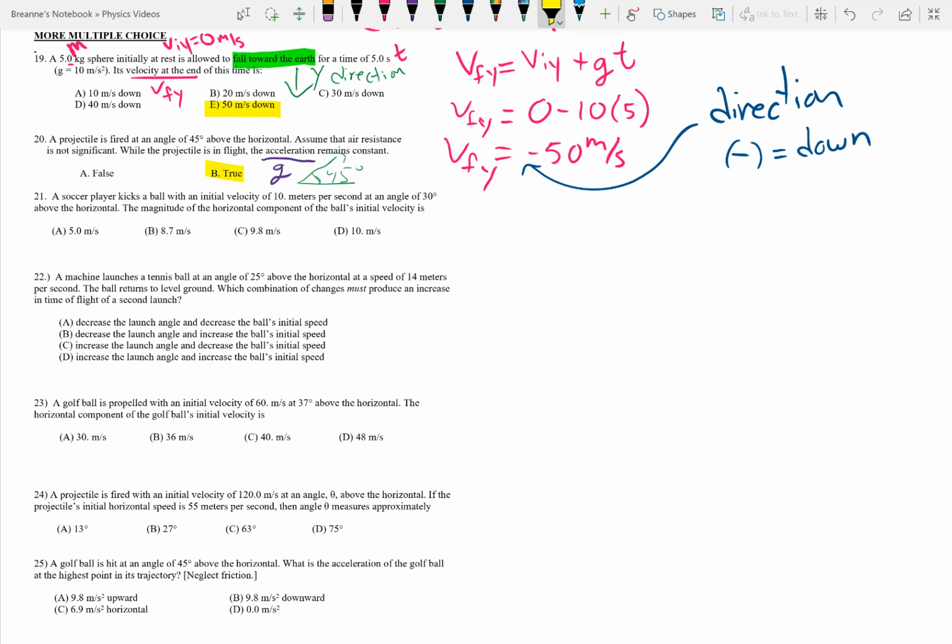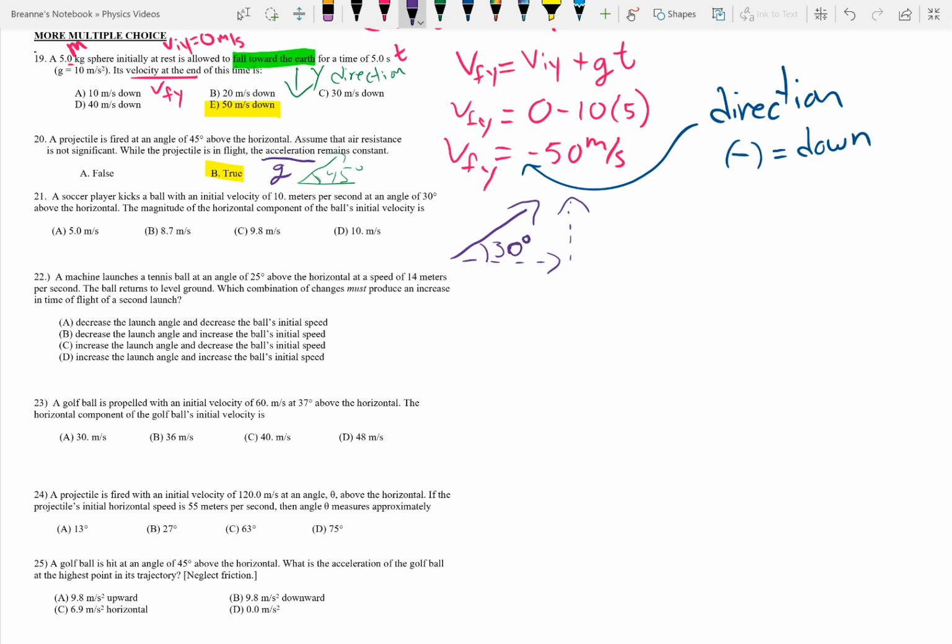So is that constant? Yes, it is. A soccer player kicks a ball with an initial velocity at 10 meters per second at an angle of 30 degrees above the horizontal. The magnitude of the horizontal component of the ball's initial velocity is. So we're going to come over here and draw a triangle, because anytime it gives you a velocity with an angle, you have to draw a triangle.